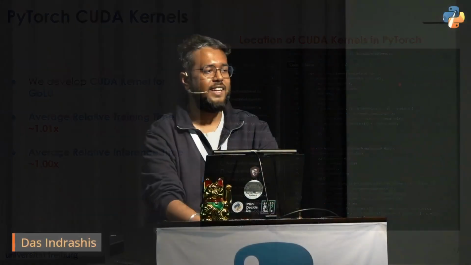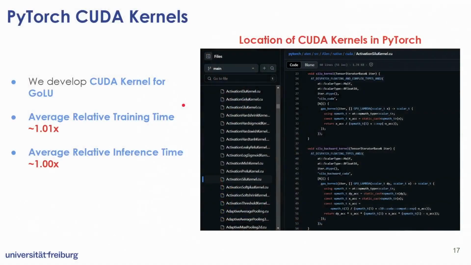It's pretty big, and at times I was lost in the repository while finding how PyTorch developed their CUDA kernels. So I referred to their template and built my own CUDA kernel for GoLU. And based on that apples-to-apples comparison, we could achieve the same speed as other activation functions in PyTorch.